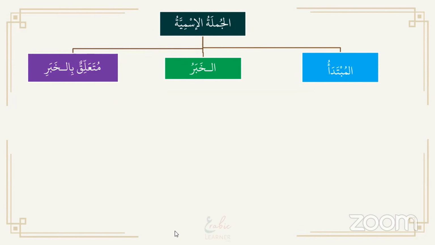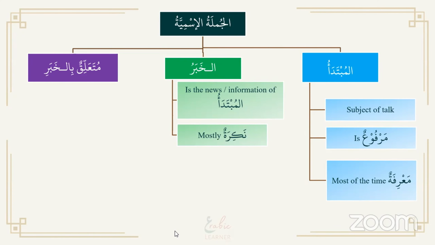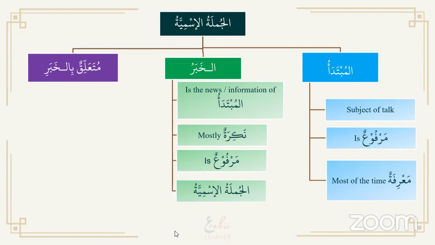What is mubtada? Mubtada is the subject of the talk in jumla ismiya, and it is marfu'. And most of the time mubtada is ma'rifa. What is al-khabaru? It is the information or the news about the mubtada. Then it is mostly nakira, and it is marfu, and it could be jumla ismiya or jumla fi'liya.